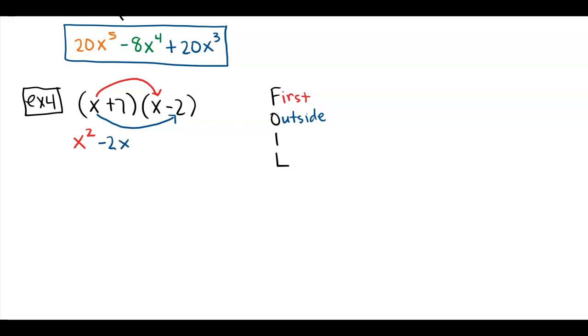The I stands for inside. So now I'm going to take my inside terms and multiply those together. So 7 times x gives me 7x. And then the L stands for last, and that means multiply the last term of each of the binomials together. So 7 times negative 2, actually let me write it maybe the other way. It's a little bit easier to see. So 7 times negative 2 gives me negative 14.